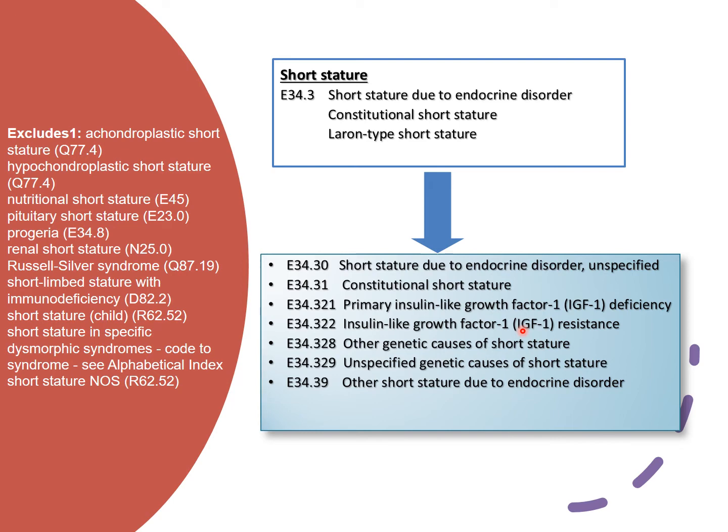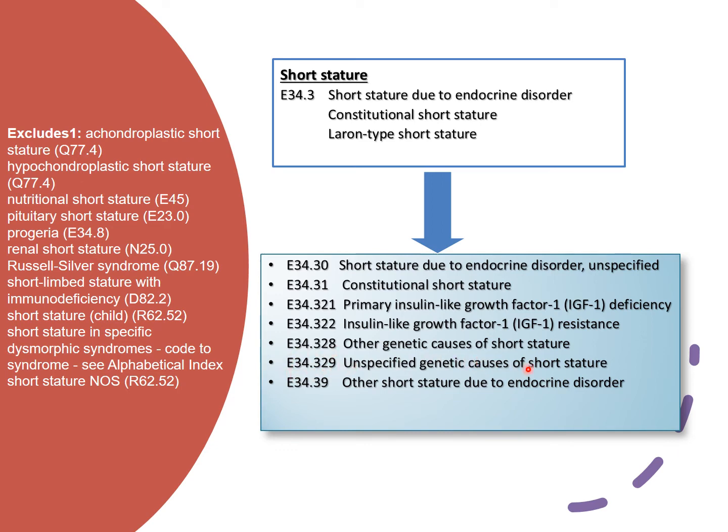It causes a slower growth rate and shorter than normal height. Other genetic causes of short stature may include Down syndrome or Turner syndrome or other genetic diseases. In such cases, E34.328 should be coded.